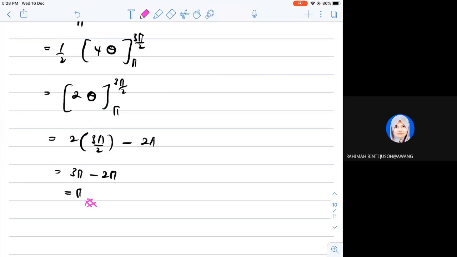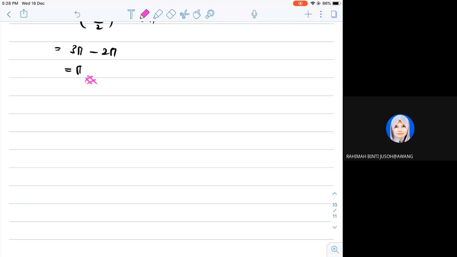Alright, so we finished already subtopic 4.1. Let us proceed to 4.2, double integrals over rectangular region.